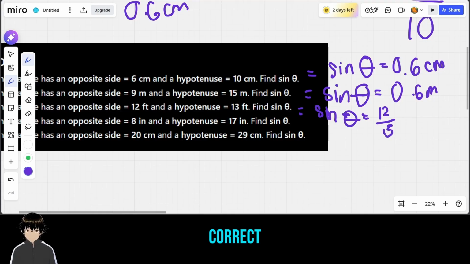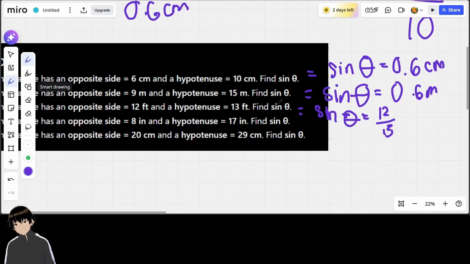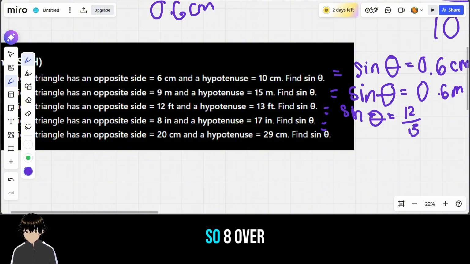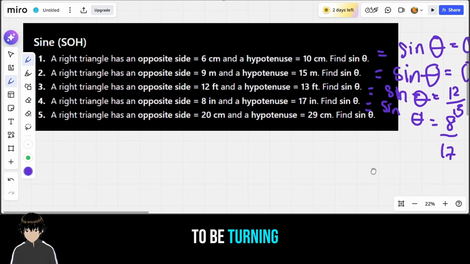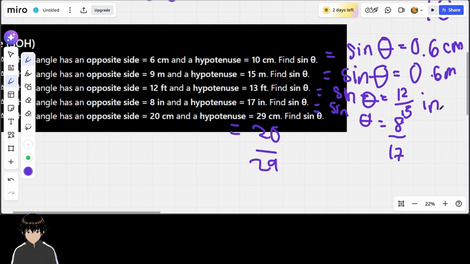The answer is still going to be correct. Then 8 over 17, and 20 over 29.